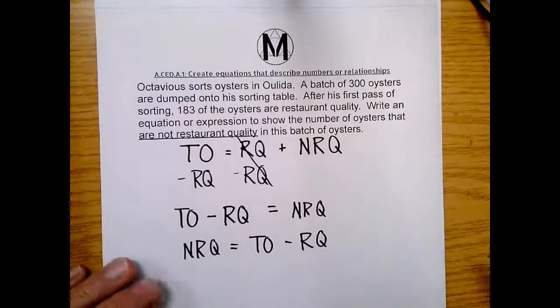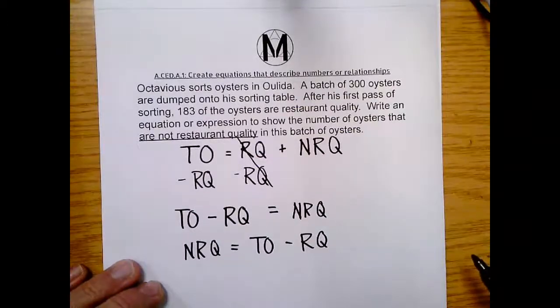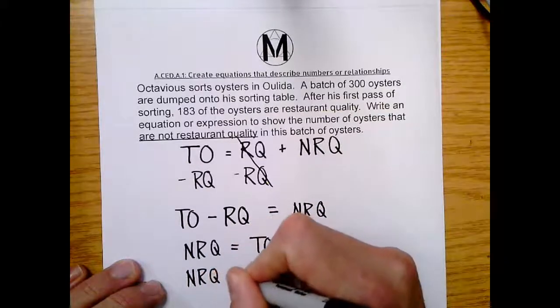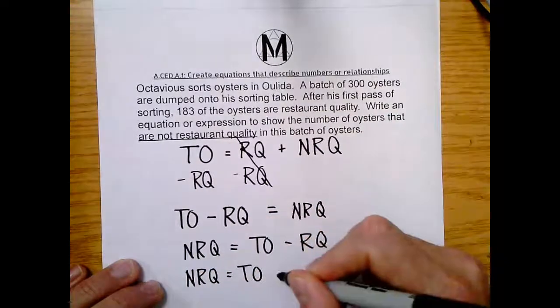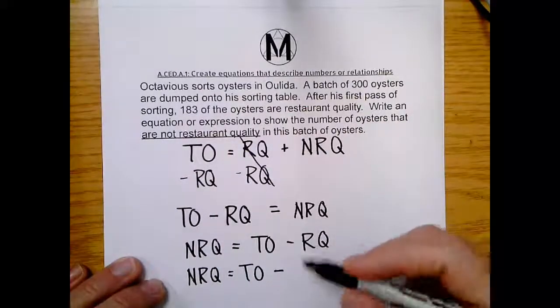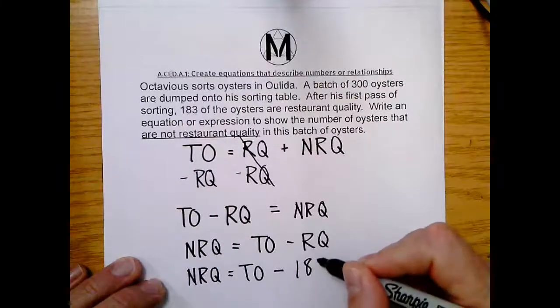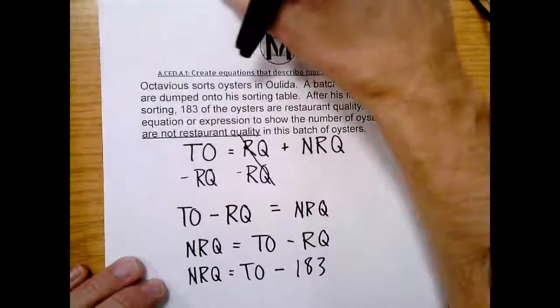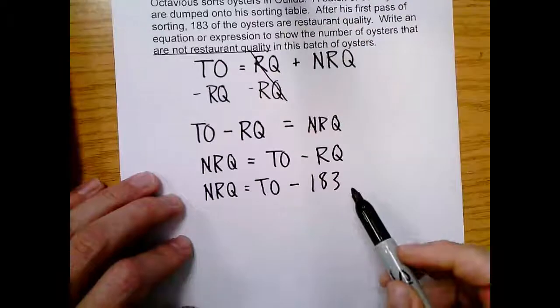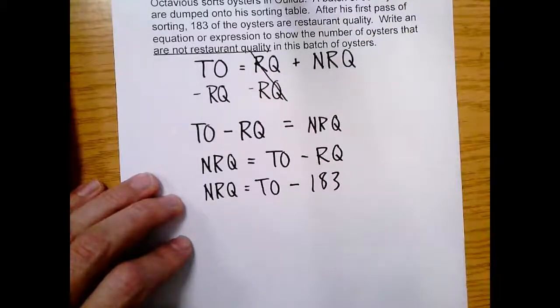And now we can just plug in for what we know and we could find the answer. So if we know not restaurant quality is always total oysters minus, and we said we knew that 183 are restaurant quality, you can just plug in 183. That's just substitution. And I could also substitute in my total oysters if I wanted.